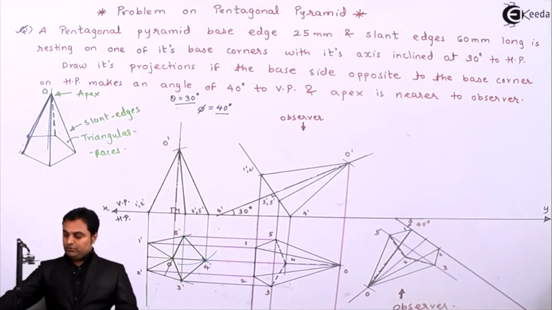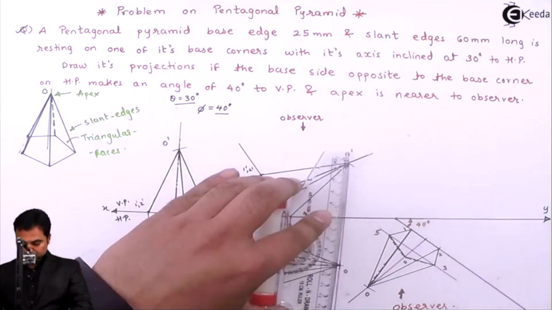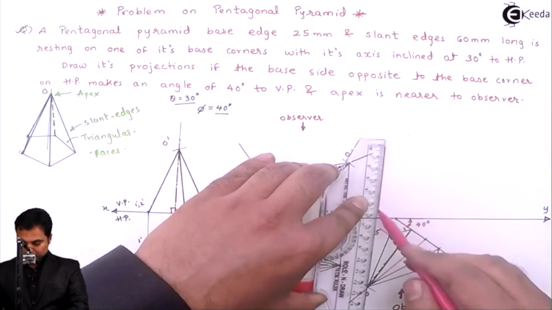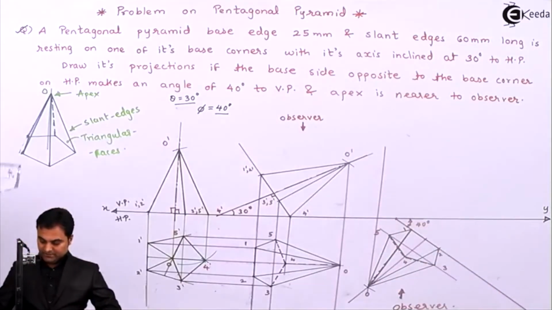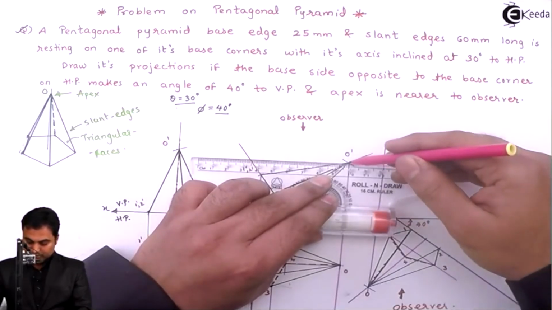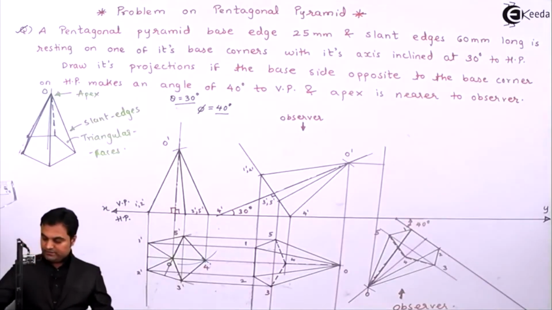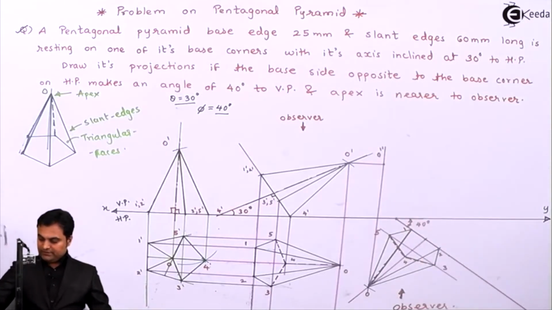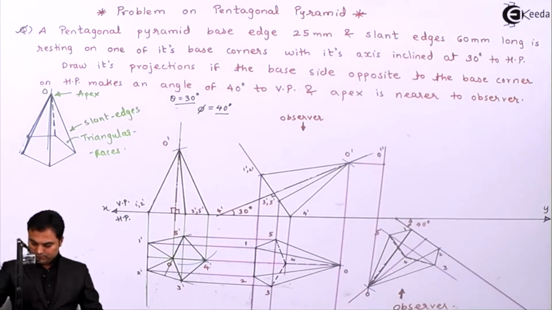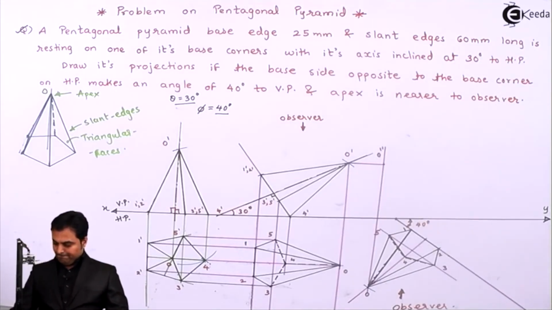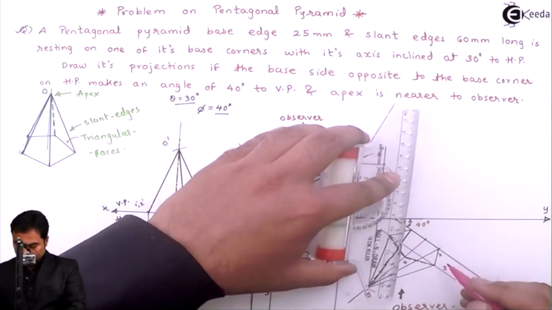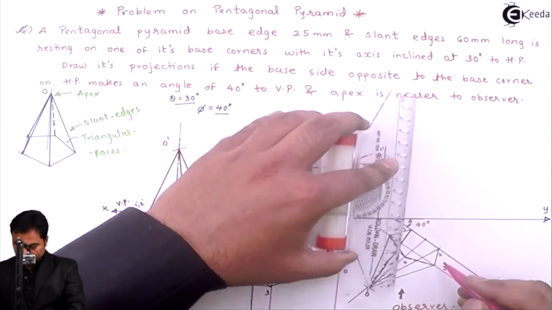Point O is closer to the observer. Point O will be projected, which is the apex, and here O dash, that gives me point O double dash. Next, after that, points 1, 2 and 3 will be projected in order.